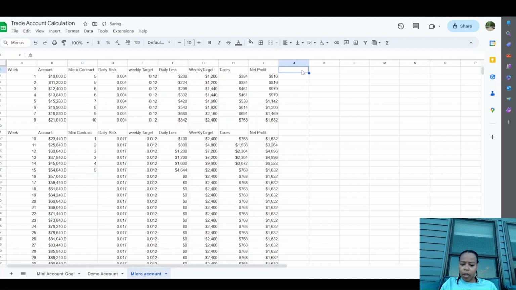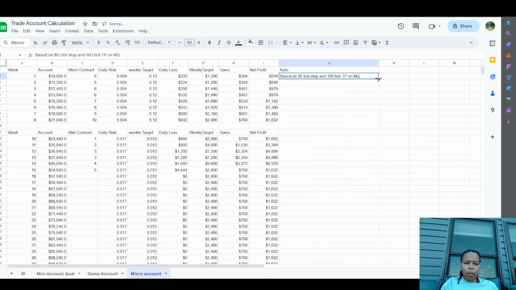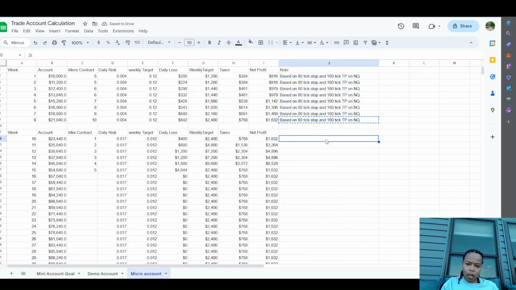And just make a note. It's going to be consistent based on 80 tick stop and 160 tick TP on NQ. All right, cool. Let's do that and make sure that is noted pretty much everywhere.